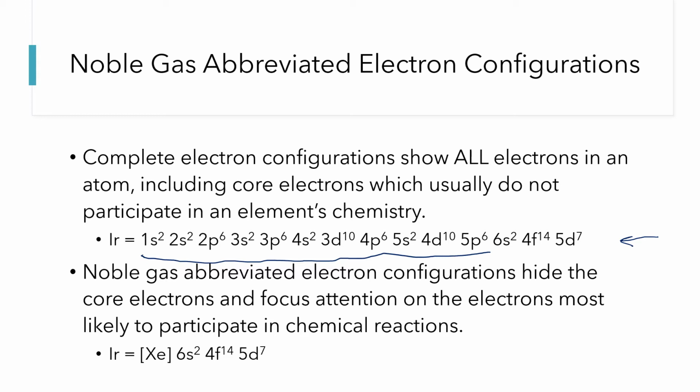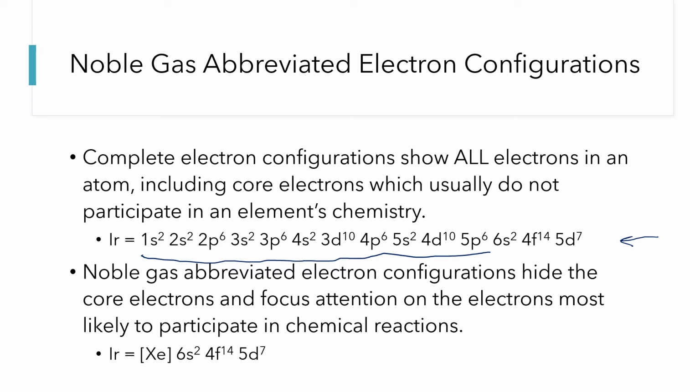That particular arrangement is very stable because xenon is a noble gas. So those electrons really aren't going to participate in the chemistry of iridium, so we can hide them and still see all of the electrons that are likely to do anything chemistry-wise with iridium.